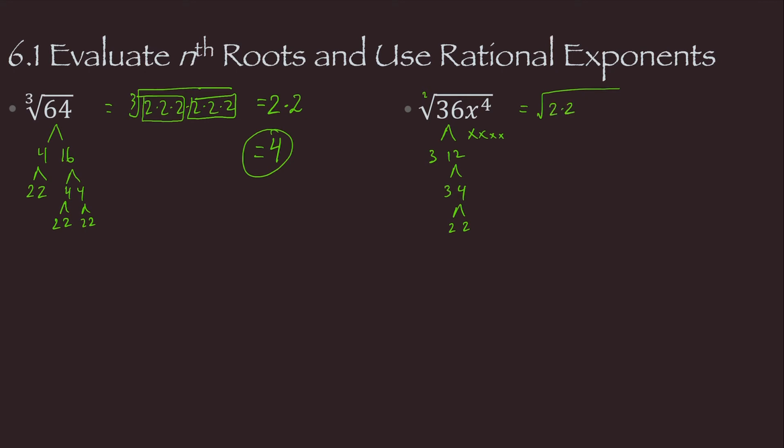So I have 2 2's, 2 3's, and 4 x's. Put these in groups of 2. Each group comes out once, so I have a group of 2's, a group of 3's, a group of x's, and another group of x's. So it looks like it's 6x squared.